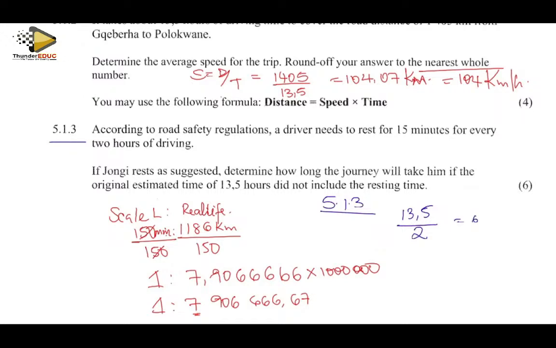So whereby you get 7, these are rests, but you can't have 6.5 rests. So these are 7 rests. Each takes 15 minutes. So we have 105 minutes. So what is this in hours? 1 hour, 45 minutes.